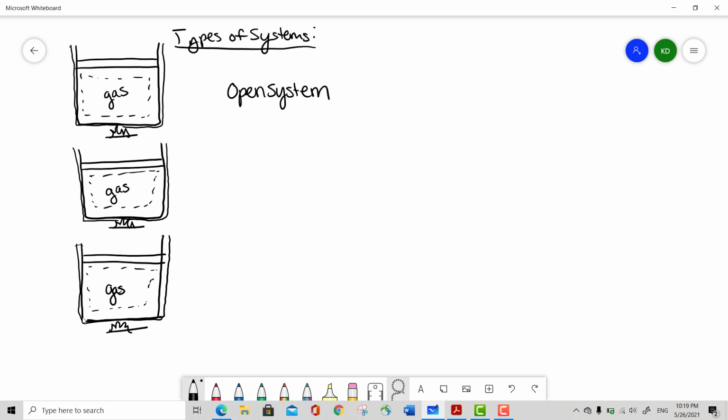This is a lot harder than it looks. Okay, so on an open system, you have mass, and it can transfer in and out, and then you've got heat, which is energy, and it can go in. So in an open system, mass and energy interact with its surroundings. So if this is the boundary, mass can go in and out, and so can energy.